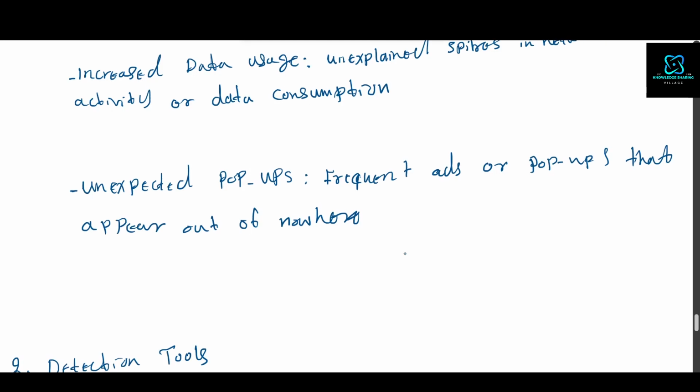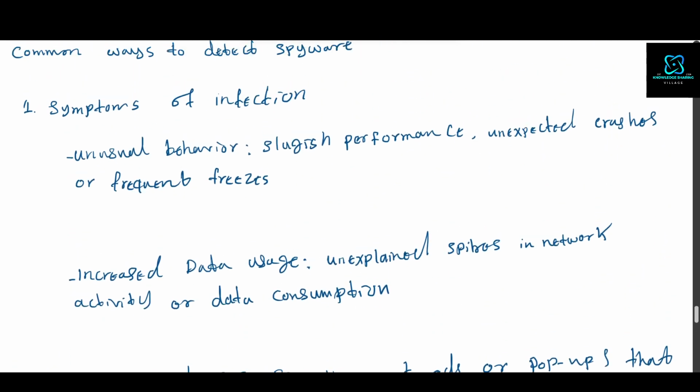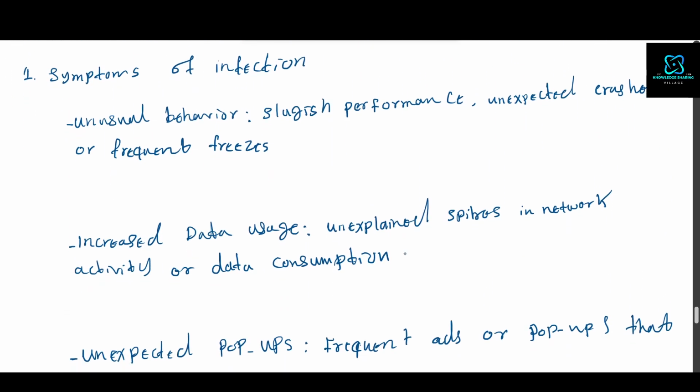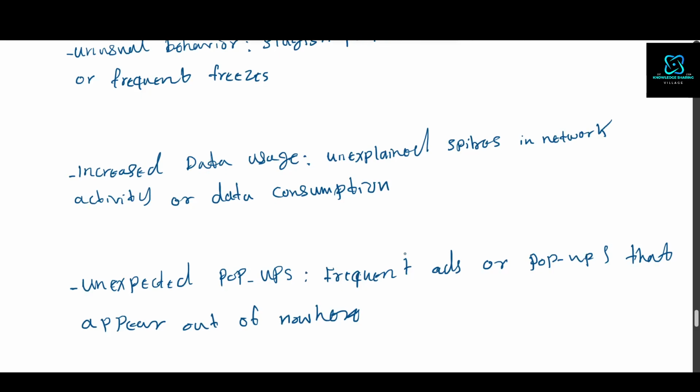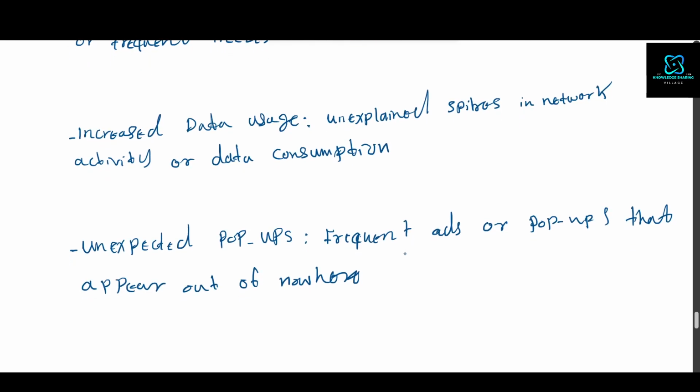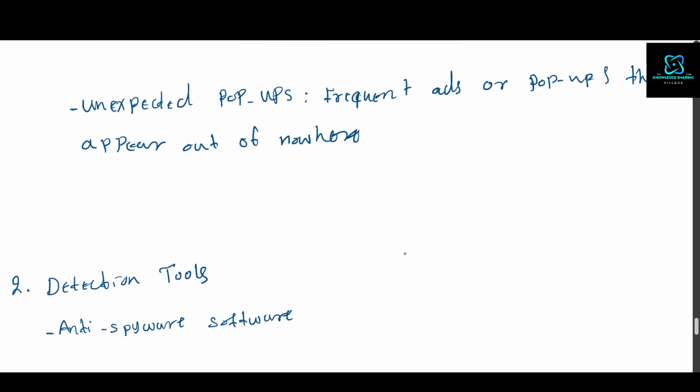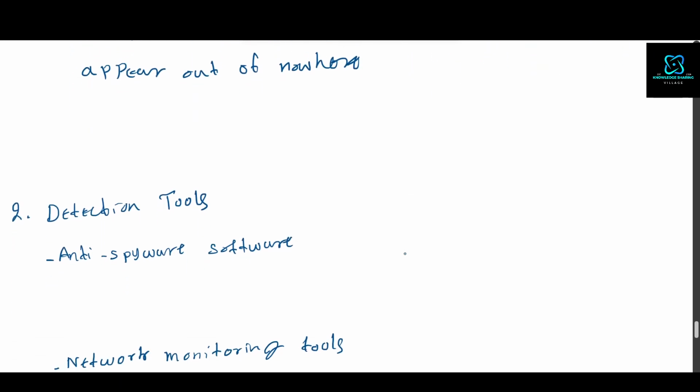After your device shows these symptoms, there are some tools that you can use to detect if an infection is happening. First of all, there is anti-spyware software from many reputable software companies out there.